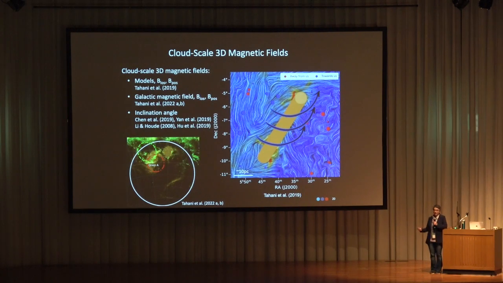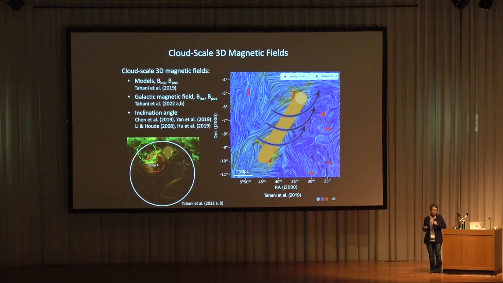Studies were also able to propose a scenario for the formation of the magnetic field in this region, which may actually hint at the formation of the cloud itself.